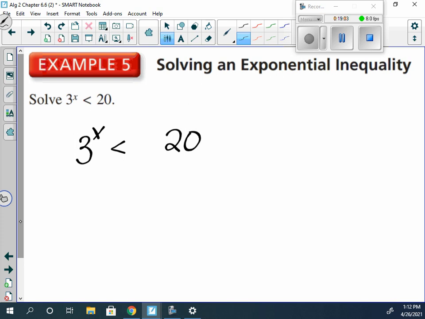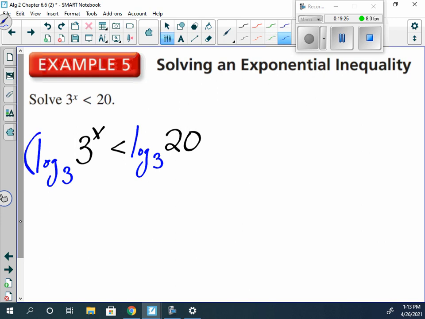We covered these on Thursday of last week. We had problems similar to this, but instead of inequalities, we had equations. So instead of greater than or less than, we had equals. What we did to solve these, for this one, is use log base 3 and apply it to both sides.